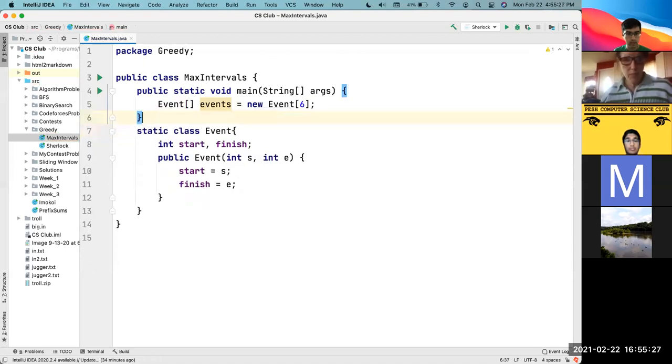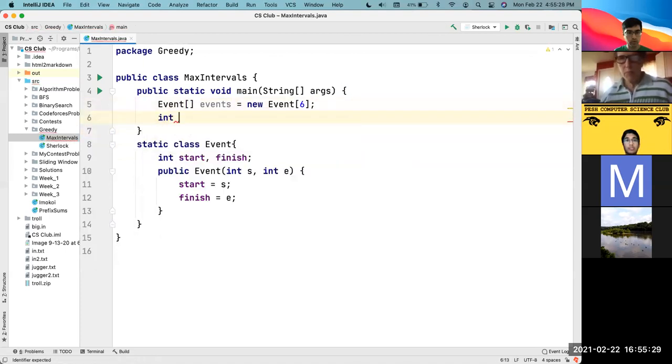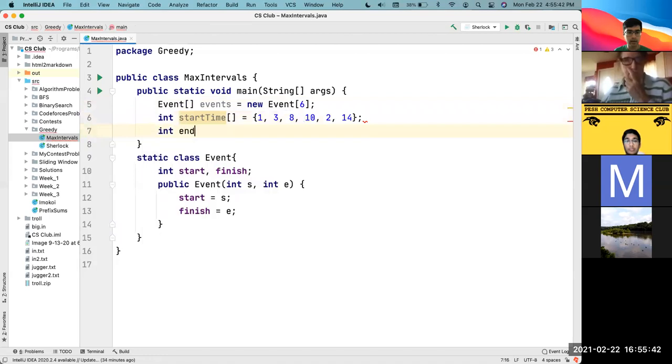Actually, to make it shorter to type, I'll just have a start time array, equal to 1, 3, 8, 10, 2, and 14. And I'll have an end time array that is 7, 9, 13, 15, 11, and 17.